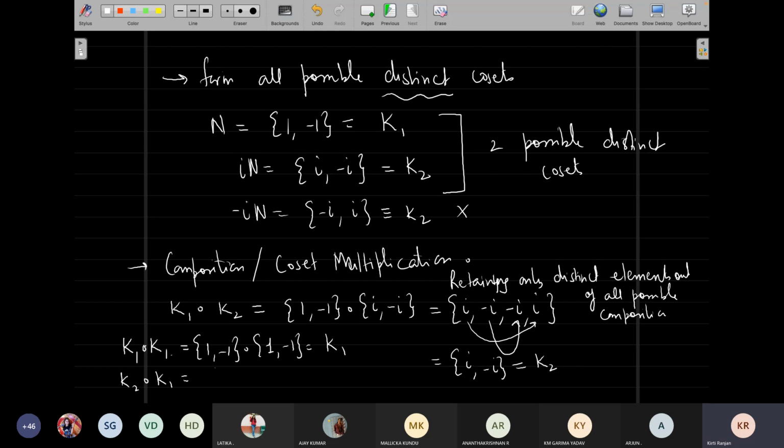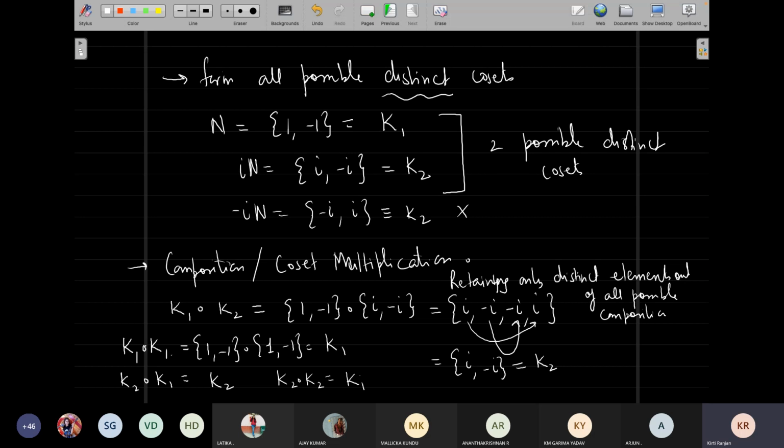So i, minus i first and 1, minus 1 afterwards. K2. Of course the group itself is abelian, remember, so it will not give you anything new. Let's do something interesting: K2 composition K2. What is this going to give you? K1. Aha.